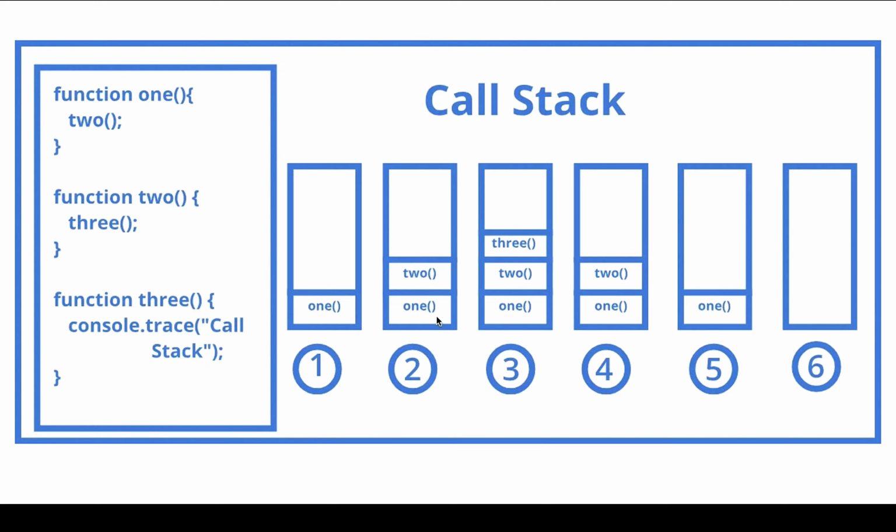In this case, the parent of function 3 is function 2. After function 2 finishes execution, the control will be returned to function 1 and function 2 will be popped from the stack. So that is simply how the JavaScript execution context works, and that is how functions are called and executed in order.